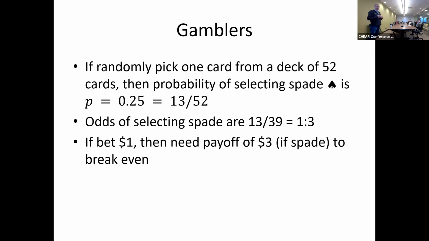So the odds of selecting a spade would be 13 divided by 39, or 1 to 3. And one way to think of it is if you bet $1 on randomly selecting a spade from a fair deck, then you need a payoff of $3 to break even on average. Okay, so 1 to 3, that's where that comes from.